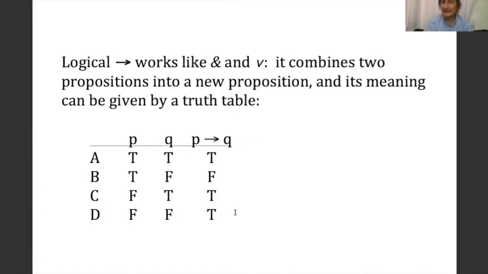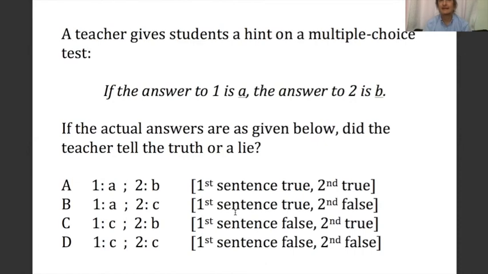So before getting to the challenges, let me first look at a situation where this is a plausible way of understanding if. Consider the situation where a teacher gives students a hint on a multiple choice test.